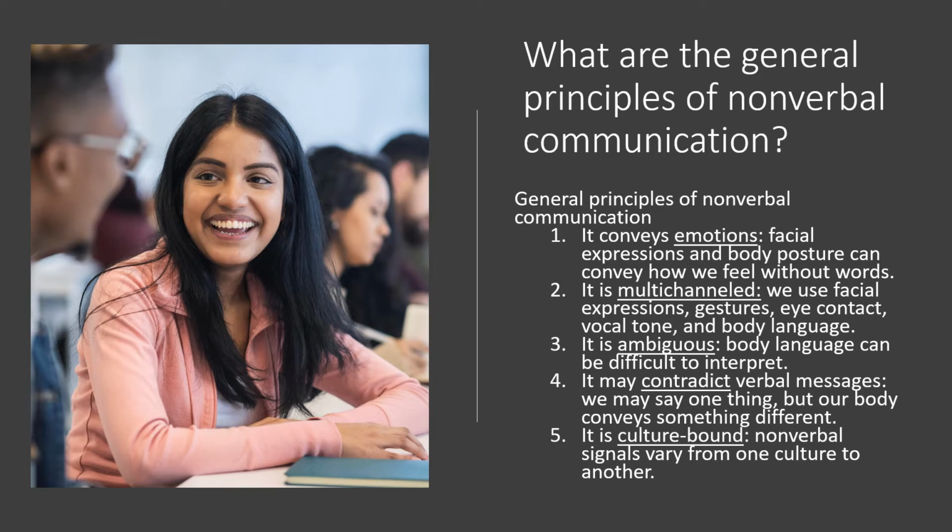So the way that a person communicates nonverbally in one culture may be perceived as one way, but then take that person to another culture and it may be very inaccurately understood. So we have to think about culture when we're thinking about nonverbal communication. And we need to think about our own behavior and the way we're communicating nonverbally when we are communicating with people from other cultural backgrounds if we want our message to be accurately understood and interpreted.